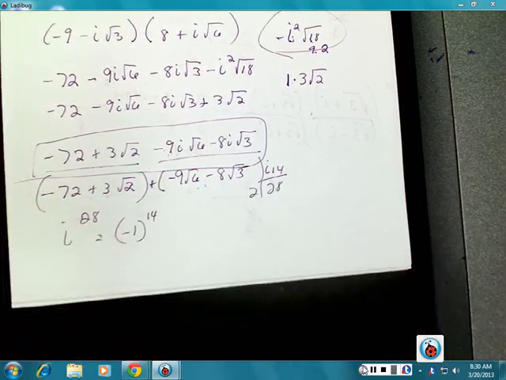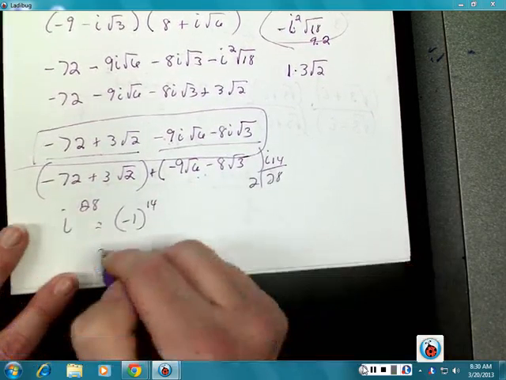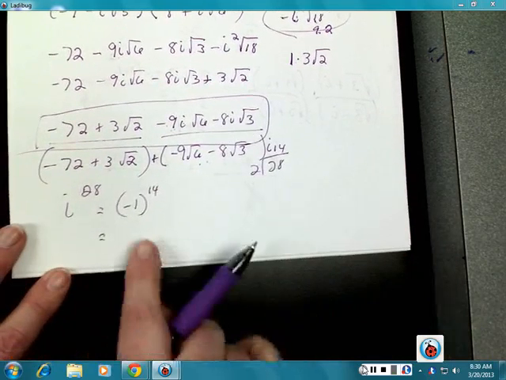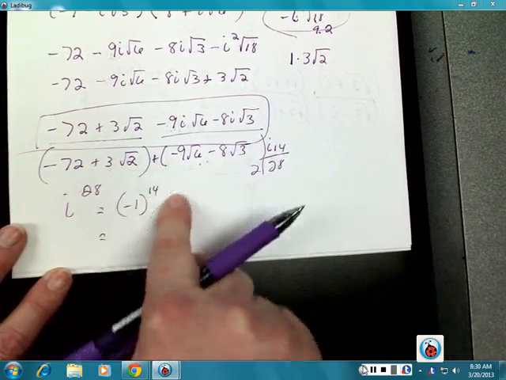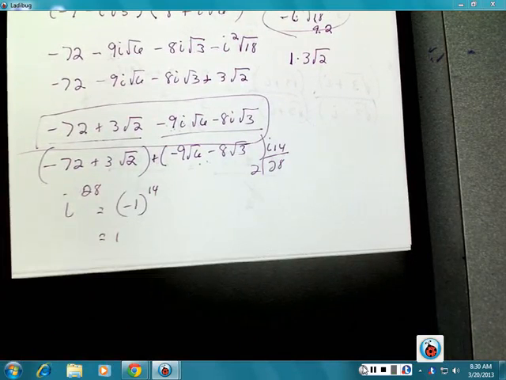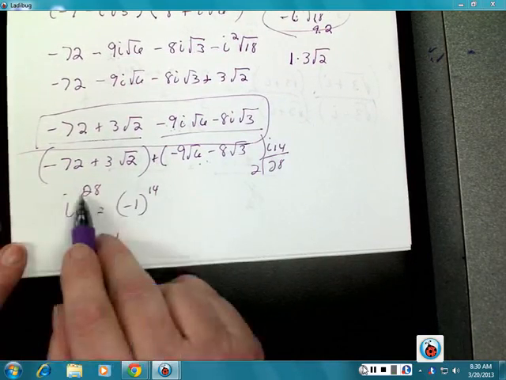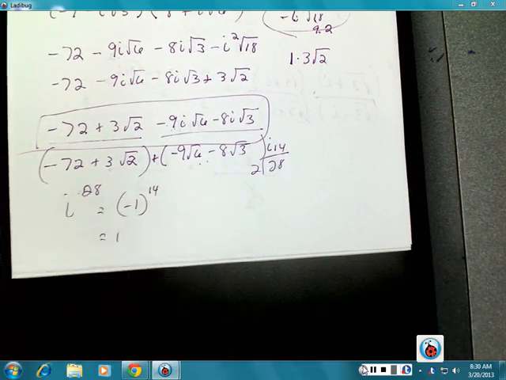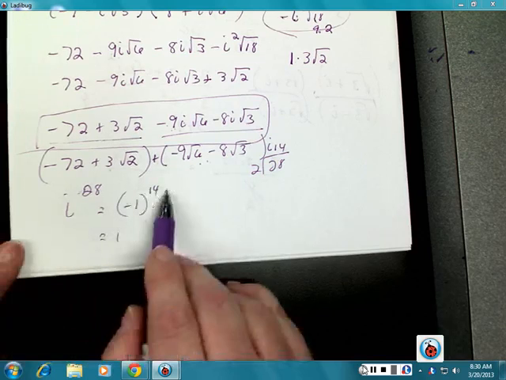So it's a negative 1 to the 14th power. And the other day we learned that if this is even, our answer is simply 1, okay? If this is odd out here, you're going to have a remainder, so you'll always have an i left over. Then you've got to determine whether that's going to be positive or negative.